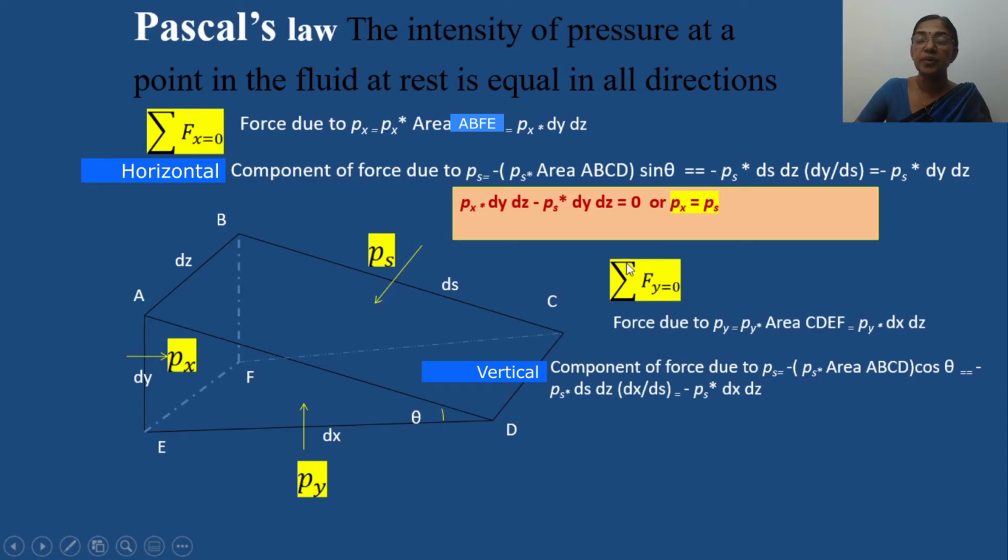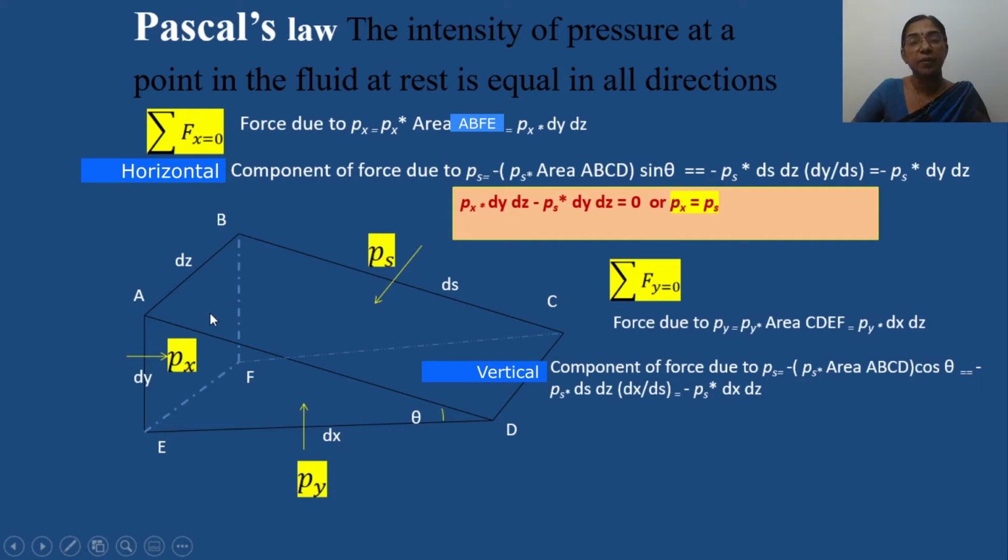So to satisfy this equation, that is sigma Fy equal to 0, we have to consider all the vertical forces. We considered the vertical force due to Py. We also considered the vertical component of force due to Ps. The remaining force is the weight of this element.